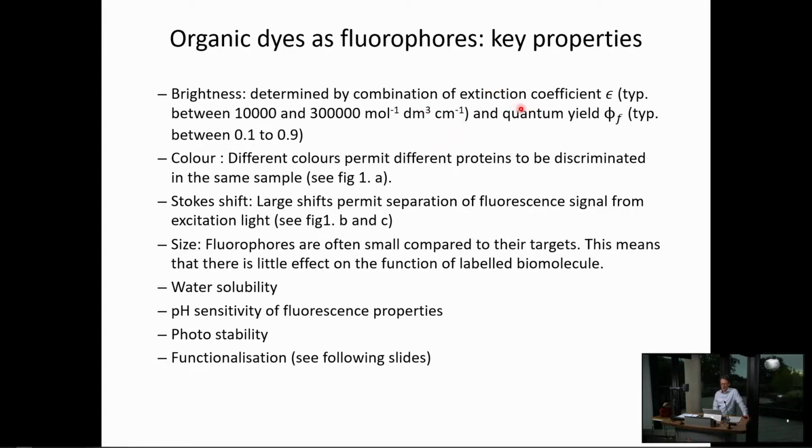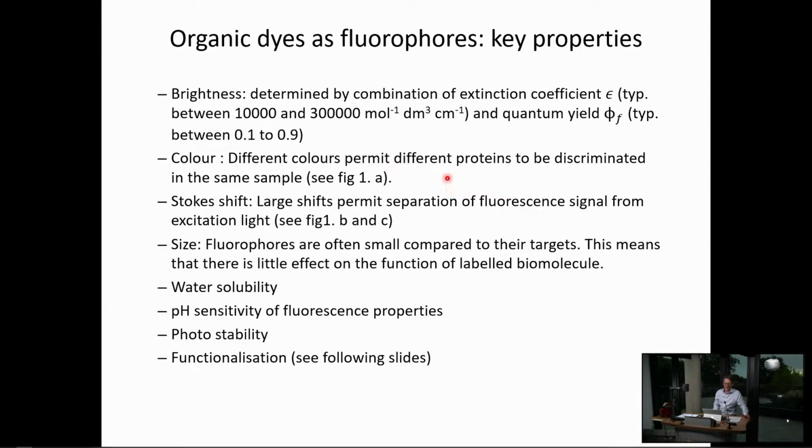And on the emission side, you need a high quantum yield. So you want that the energy you're putting in comes out as signal. And so for that, you want quantum yields that are at least 10%, but can reach for some systems as much as 90%. So a quantum yield of 0.9 means that 90% of all the excited molecules will actually give you a signal photon. And that's achievable with good dye design.